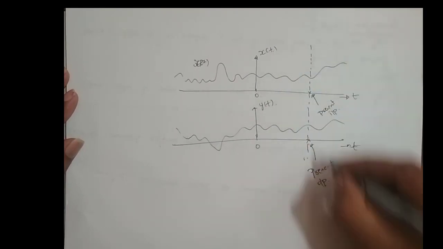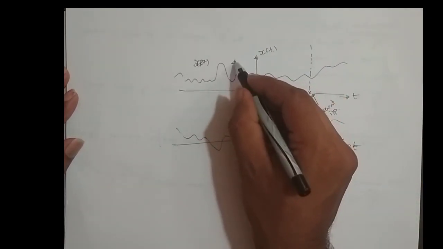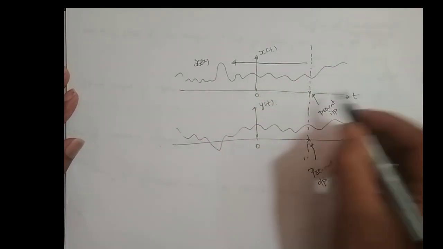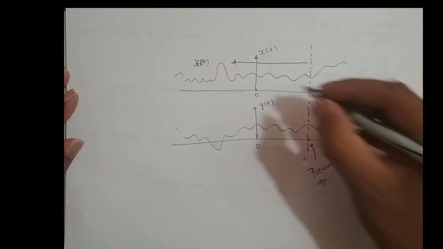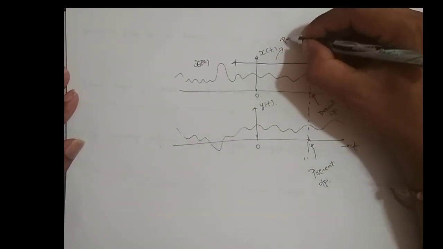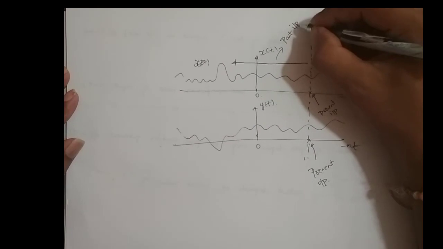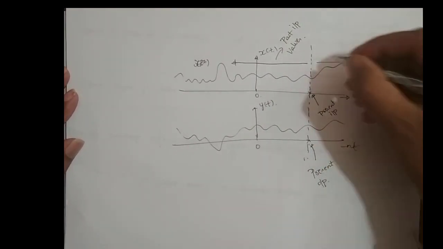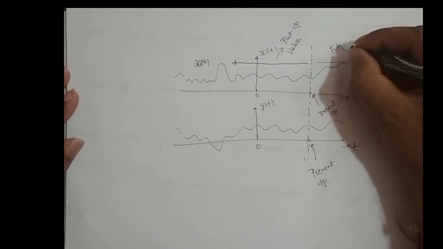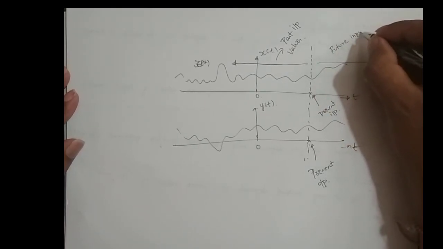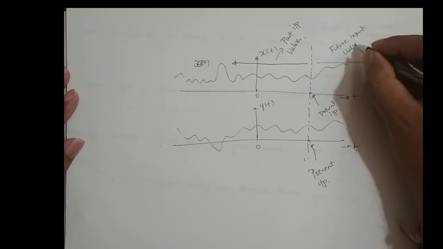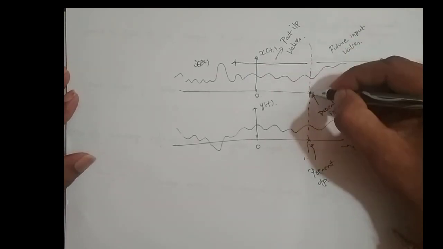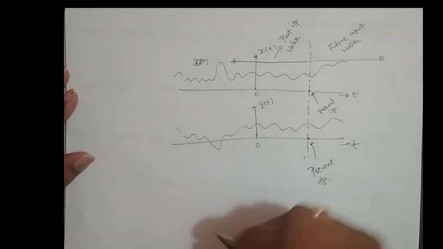Now with respect to the present output, the left hand side of this dashed line is the past input values, and the right hand side of the dashed line, everything is future input values.